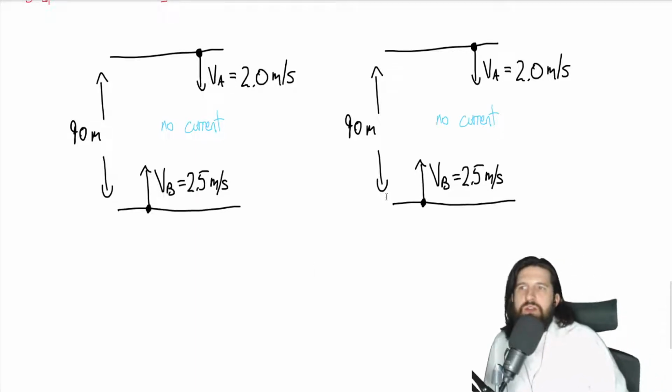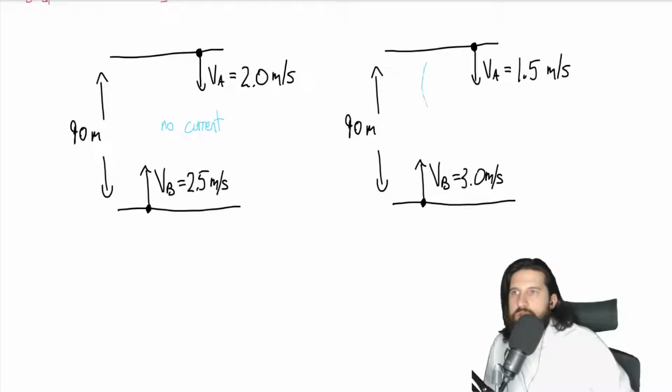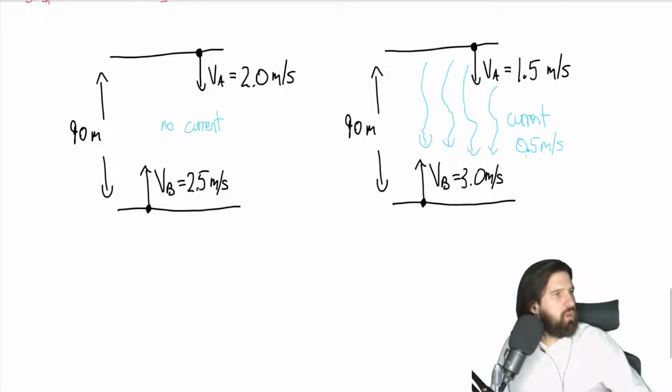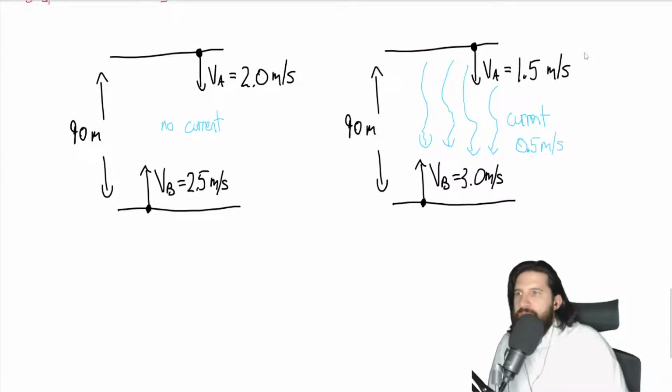So that 90 meters versus the 1.5 that I had here, and the 3 that I had here, but the current moving in this direction. All right. The current is the river, the flow of the river when it's moving that direction, right?